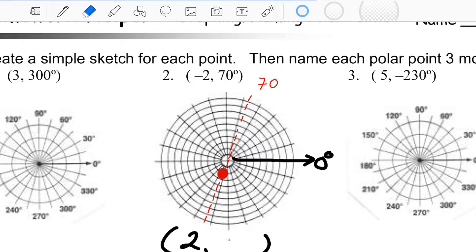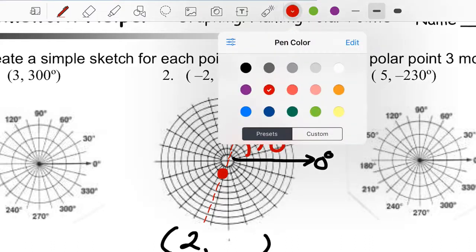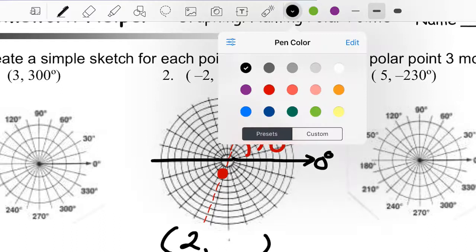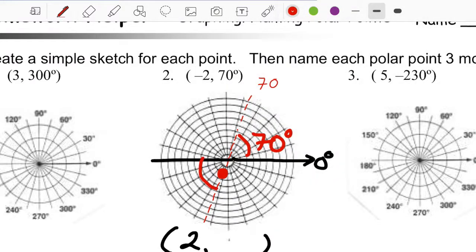The little bit of thinking involves realizing that the 70 degrees that we found is right here, and that 70 degrees is going to transfer, because of some simple geometry, over to here.